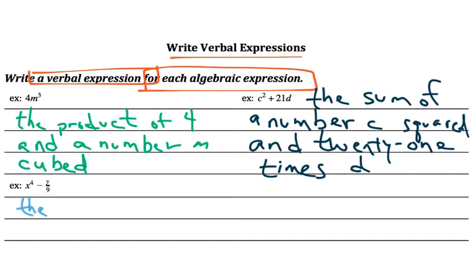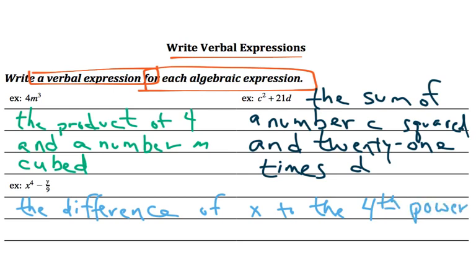The difference of x to the fourth power and the quotient, because I'm recognizing that's division, and I said quotient reads left to right, or in this case top to bottom, y and 9.